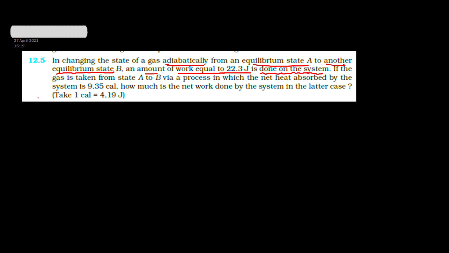Okay, so let us write. Suppose there is some process A to B. Which kind of process is this? Equilibrium is not a process. Adiabatic process. Very good. So the process is adiabatic.